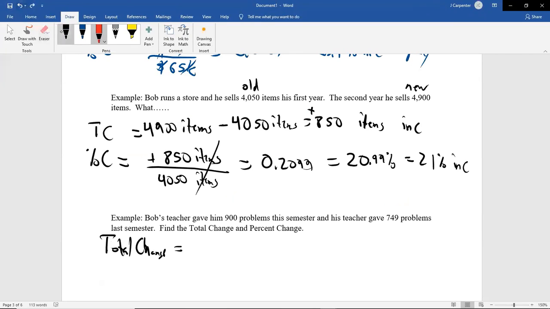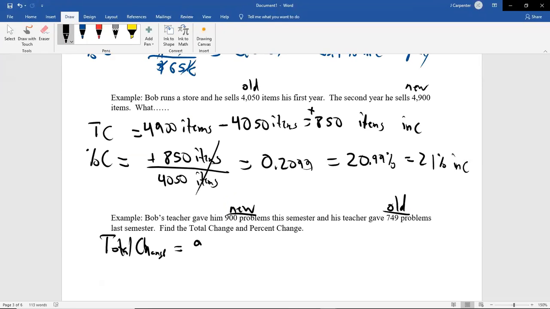But if you pay attention to the words, Bob's teacher gave him 900 problems this semester and 749 problems last semester. So it actually turns out that the 900 is the new this time and the 749 is the old. So don't just think that it's always the first is the old and the second is the new. The words will tell you which is which.